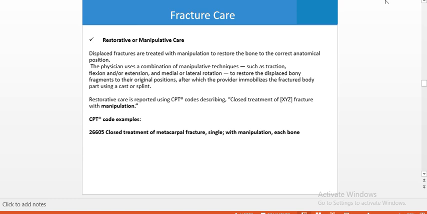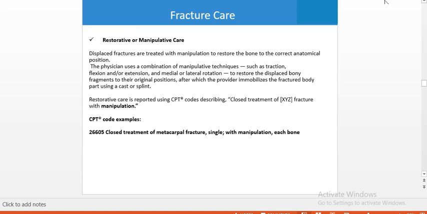So displaced fractures are treated with manipulation, meaning the physician applies manual pressure and aligns the two bones in one line, in the correct anatomical location or position. To perform manipulation, the physician will use traction, flexion and extension, or medial or lateral rotation to restore the displaced bony fragments to their original positions, after which the provider immobilizes the fractured body part using a cast or splint.